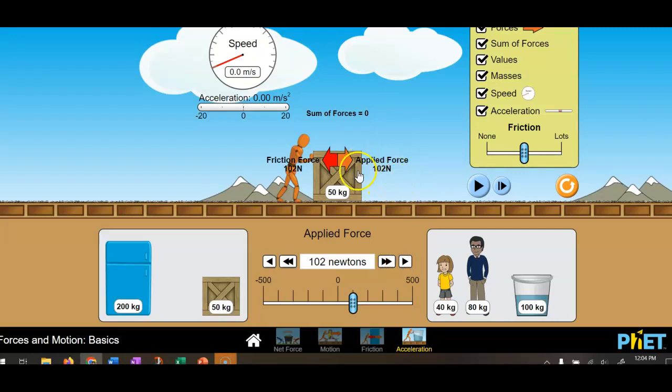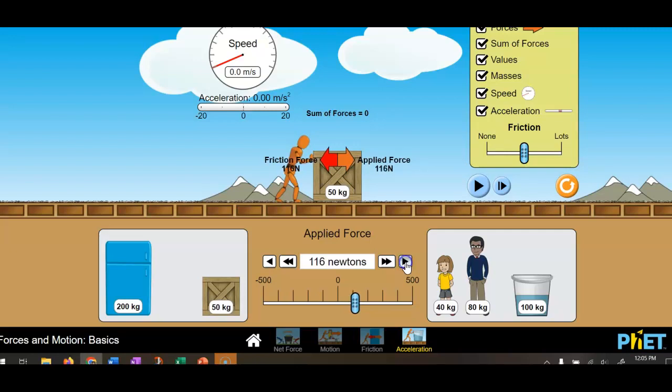Notice I've increased the applied force, and the friction force is increasing also. So static friction is not always the same amount. It can vary up to some maximum value. The more that we push, the bigger the static friction, but it will reach a point where it can't increase anymore.